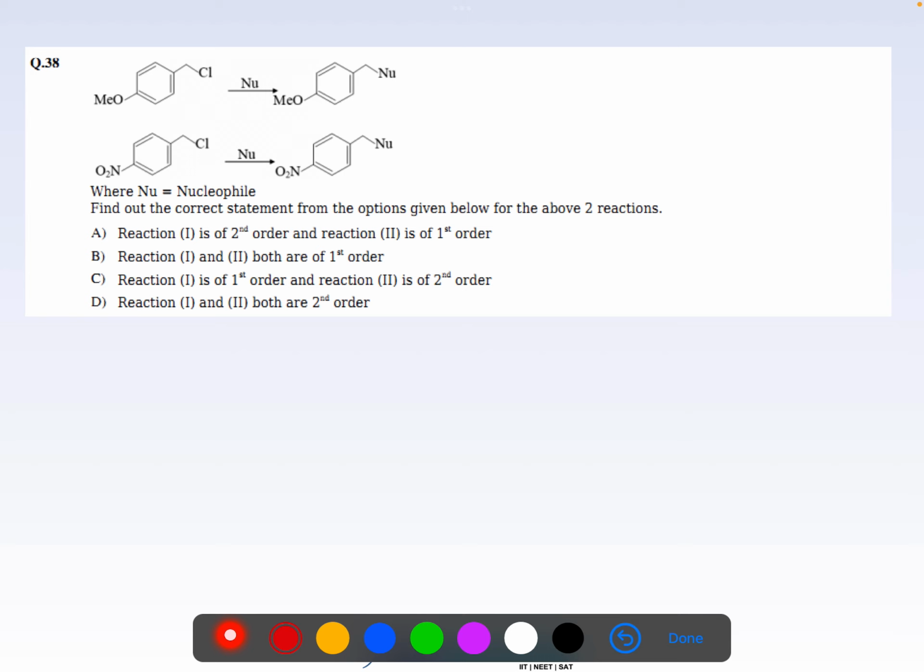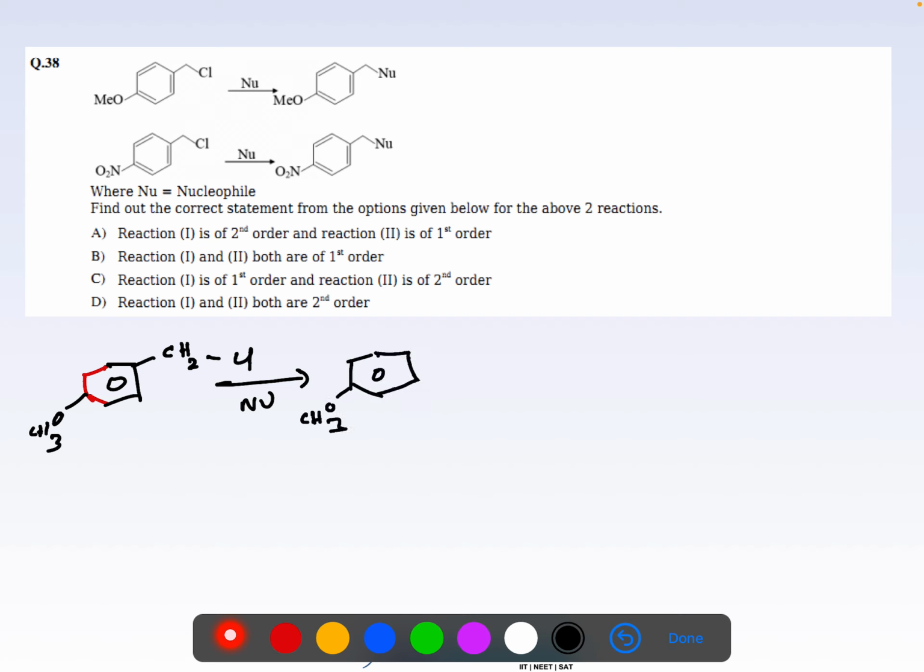In this reaction we have to find the product as well as the reaction mechanism. So in the first case, the starting material, methoxy substituted, is reacting with a nucleophile, and it is giving rise to a nucleophilic substituted product, OCH3 C6H4 CH2 Nu.